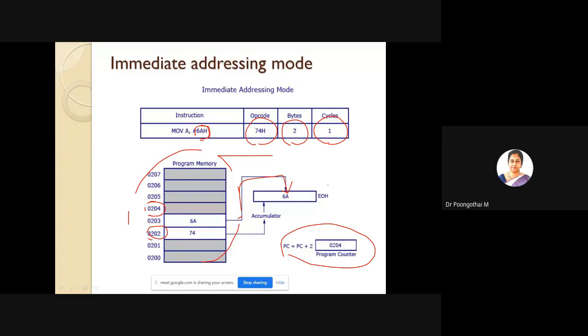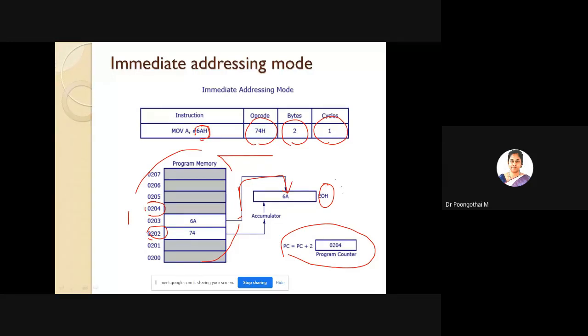So what is this E0 here? E0 is the internal address of your accumulator. When the instruction at 202 is executed, A is made active, that is, ready to receive the data. The opcode for this instruction, 74, is located at 202. After execution of the instruction, your accumulator holds 6A, the 8-bit data.